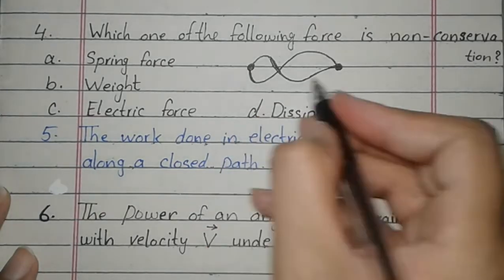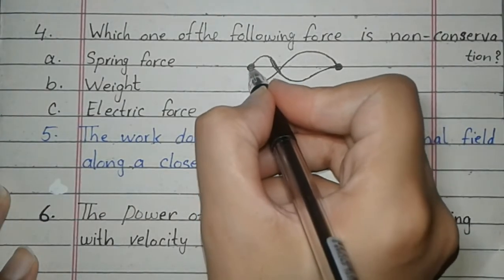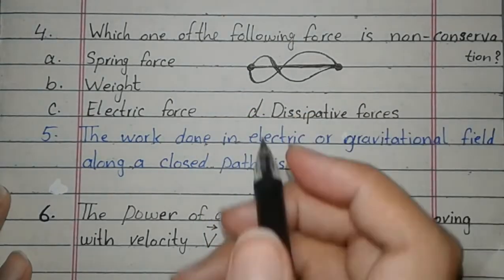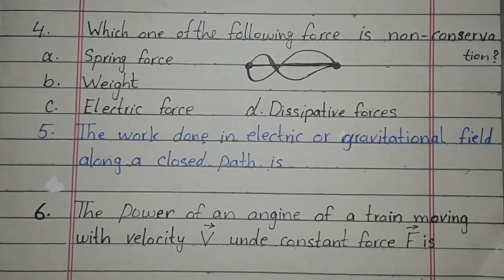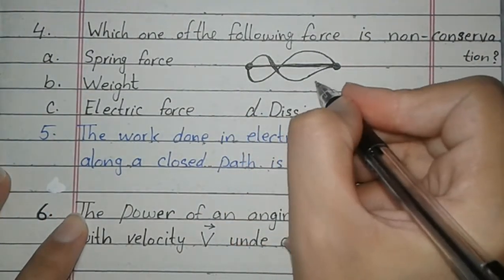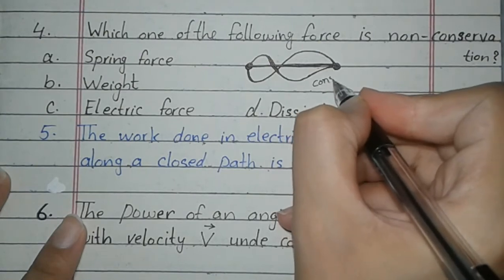When we go from point 1 to point 2, if in all 3 paths the work done is equal, then it means that it is a conservative field.